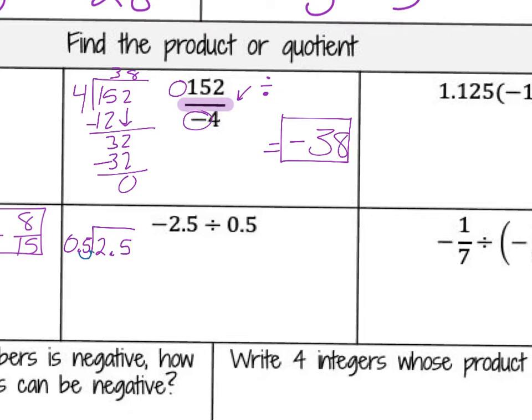So we move it one time, so that means I have to move the inside one time as well. They have to match. So this becomes 5 divided by 25, which is 5. And a negative divided by a positive is a negative 5.